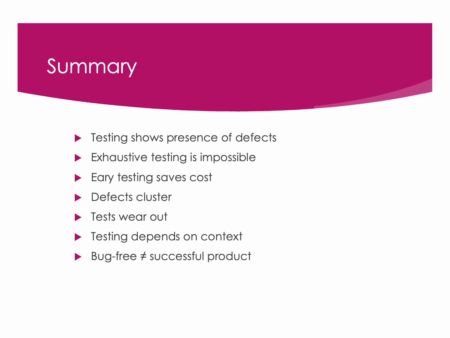They also remind us to keep our tests fresh, adapt our approach to the context, and more importantly, focus on whether the product actually delivers value to users. If we keep these principles in mind, we don't just test more, we test smarter.